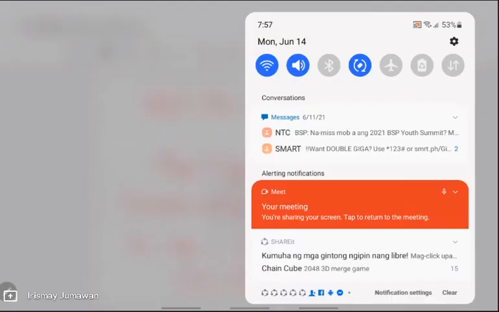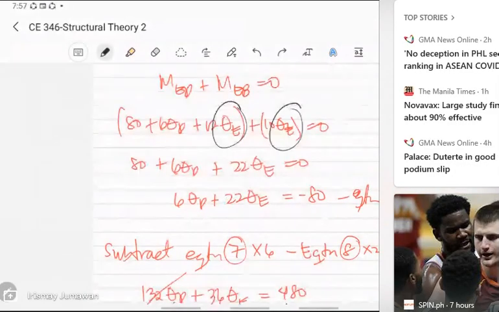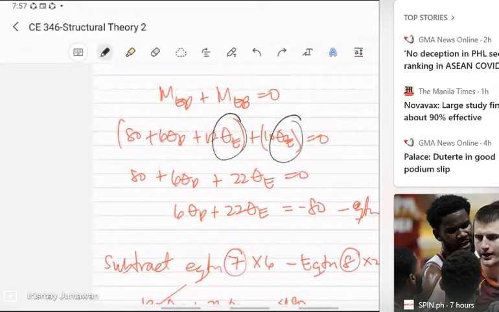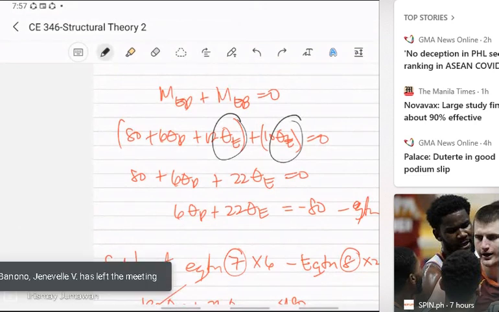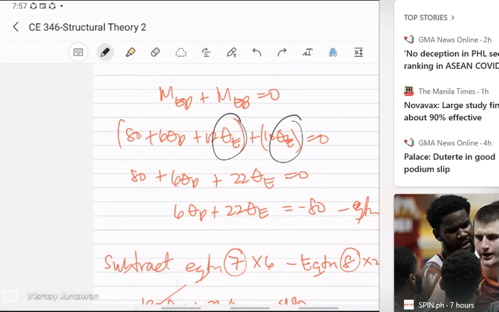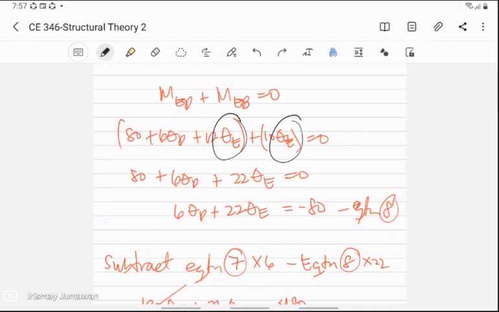So by elimination, I have to subtract equation 8 from equation 7. I need to multiply by a constant that makes the coefficients the same so that I can eliminate.